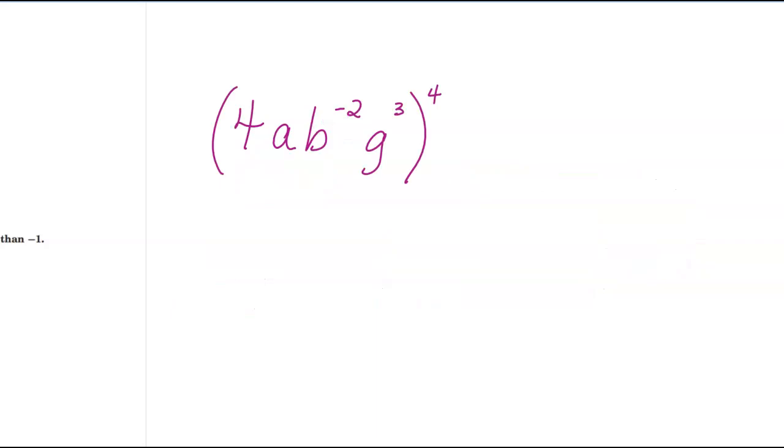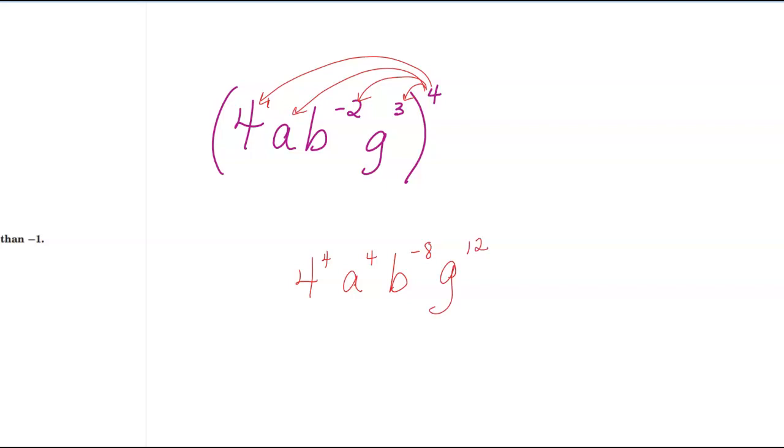Okay, let's make this a little crazy. What do you do to this? Now remember, you have to distribute that 4 to every single value there. It's external, so you're going to multiply it. Well, this is 4 to the 1st, so that would make that 4 to the 4th, a to the 4th, b to the negative 8th, because negative 2 times 4 is negative 8, and then g to the 12th.